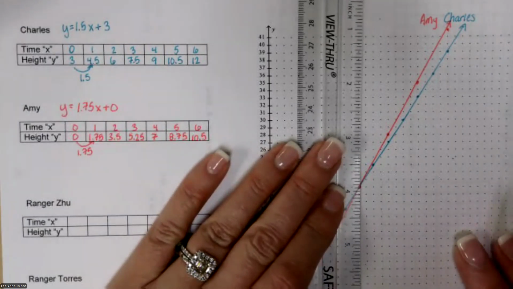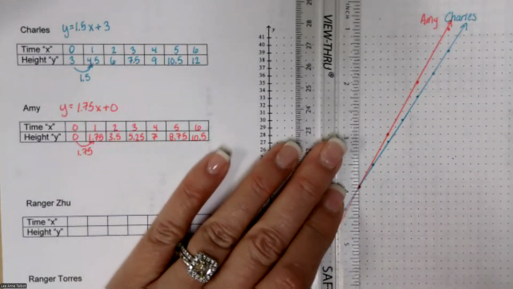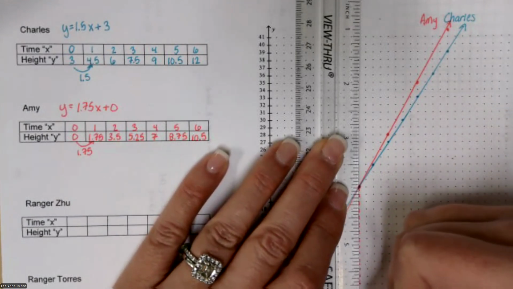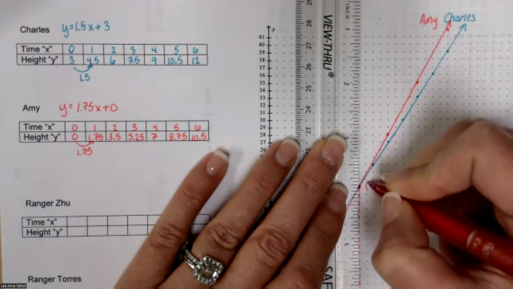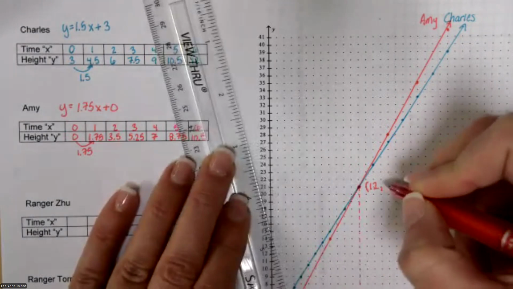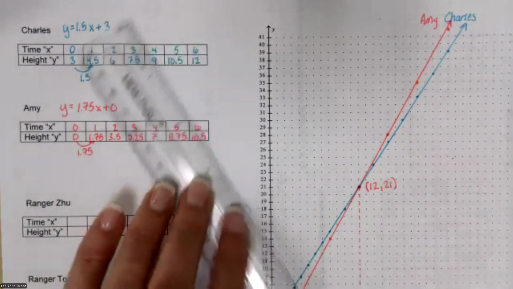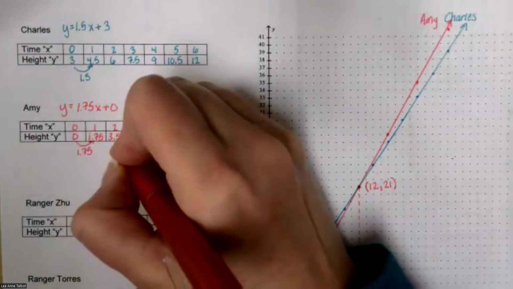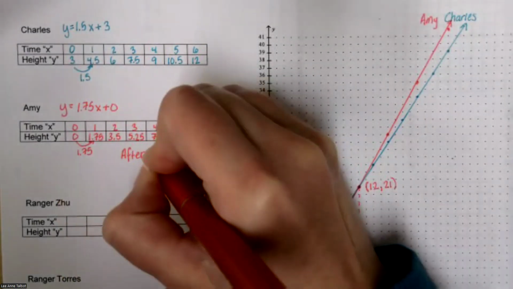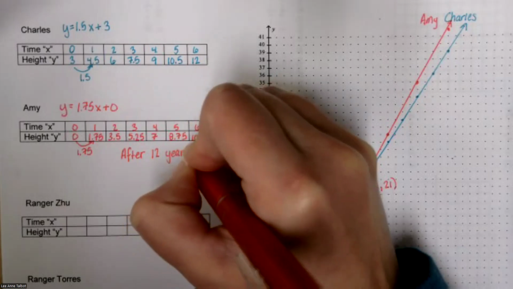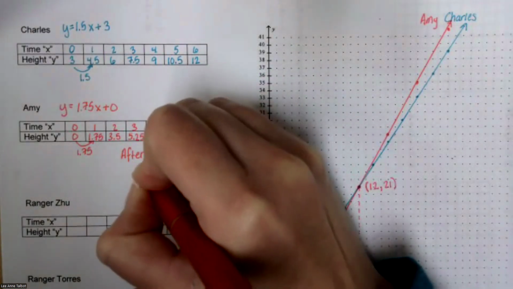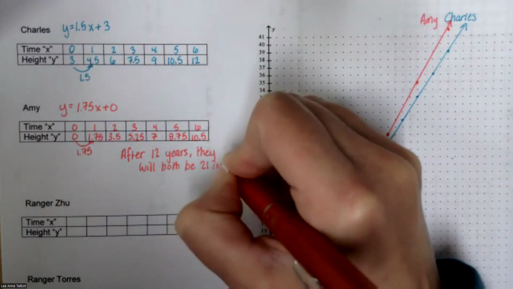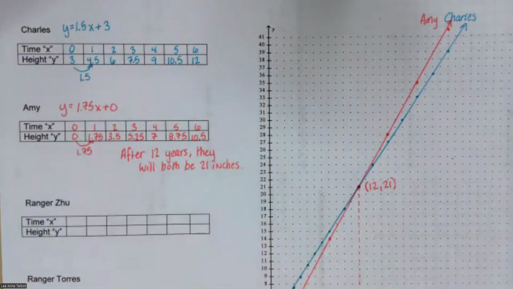It's 12 years. 12, okay. 12, 21. Okay, so great.